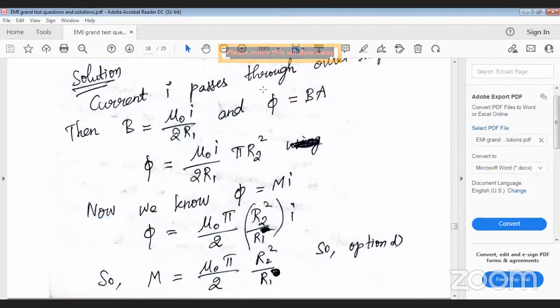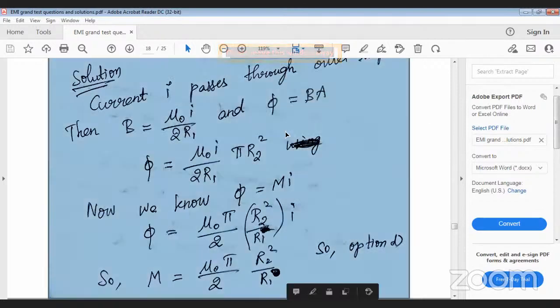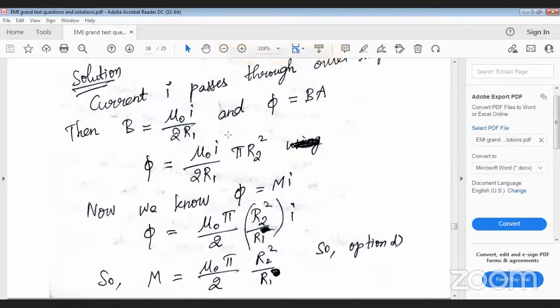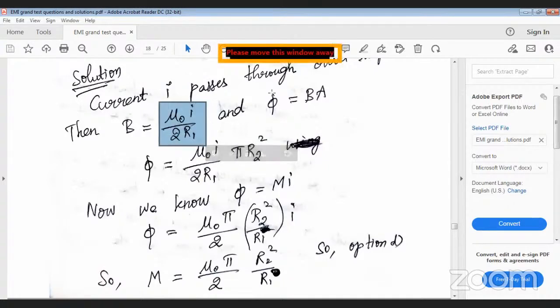And phi equal to BA is the equation. A is nothing but the area of the inner coil, that is pi R2 squared. So this magnetic field due to the outer loop should be multiplied with the area of the inner loop, pi R2 squared, where R2 is the radius of the inner loop.